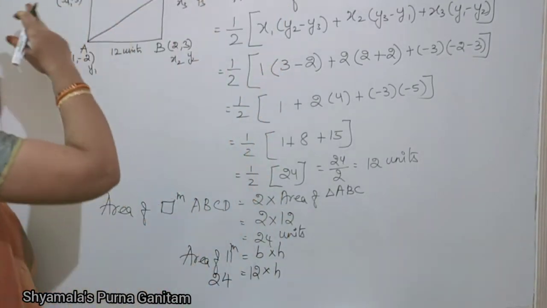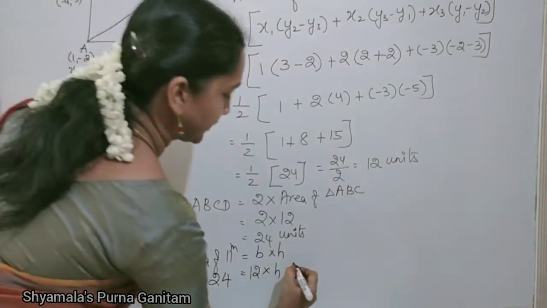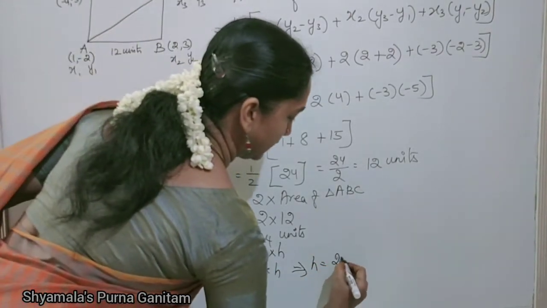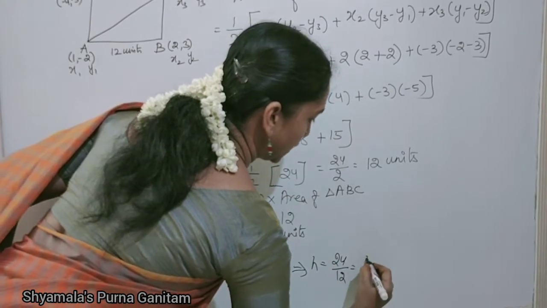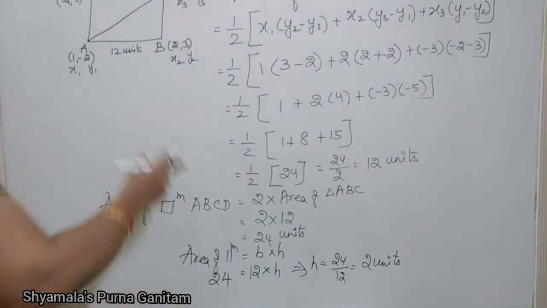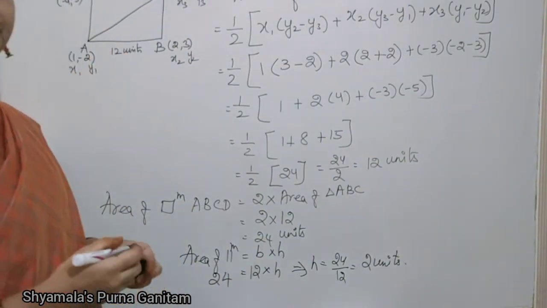You are asked to find the height of the parallelogram. So height will be 24 divided by 12, that is equal to 2 units. So this is how you will find the height of the parallelogram.